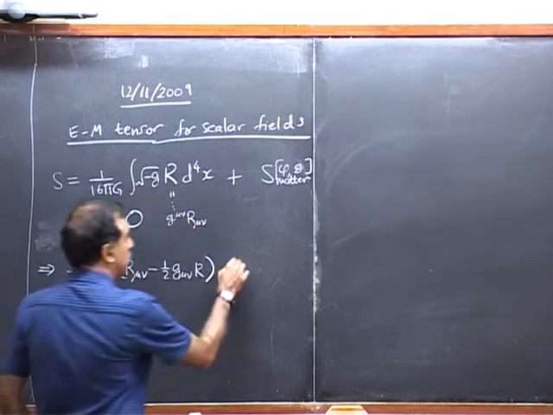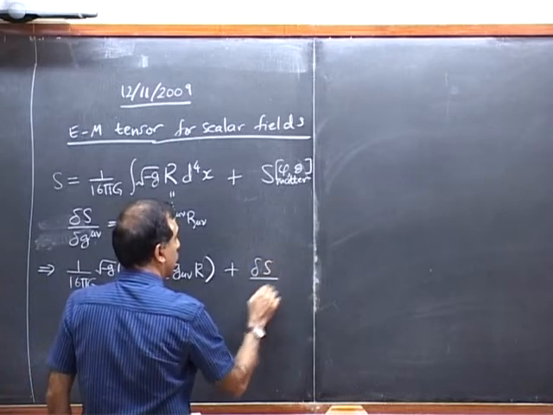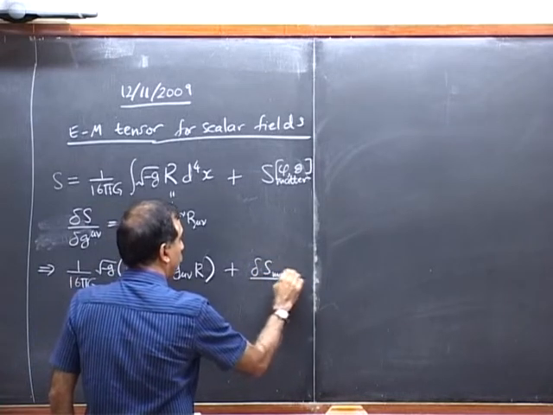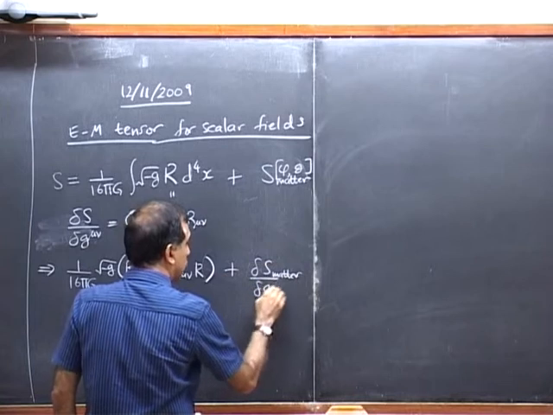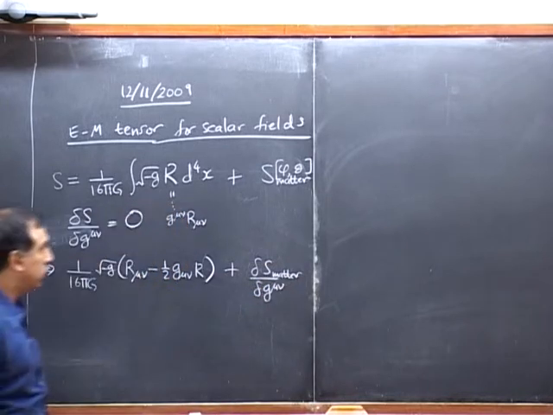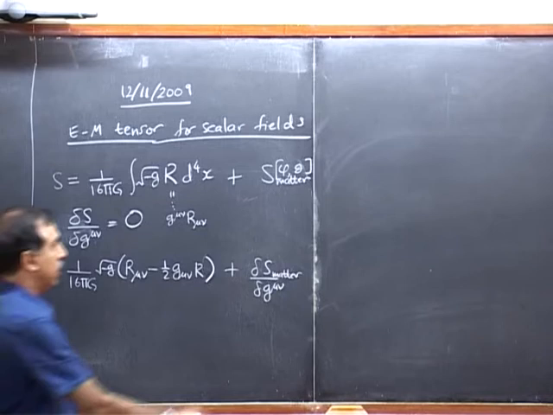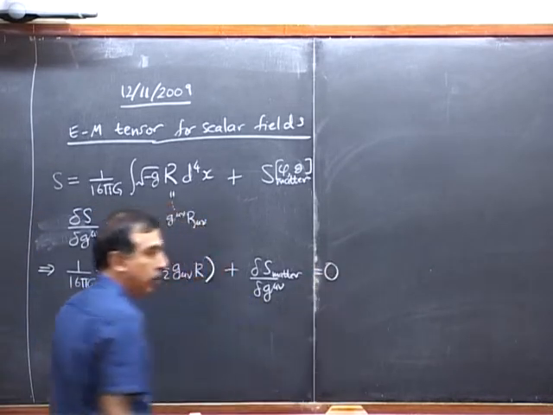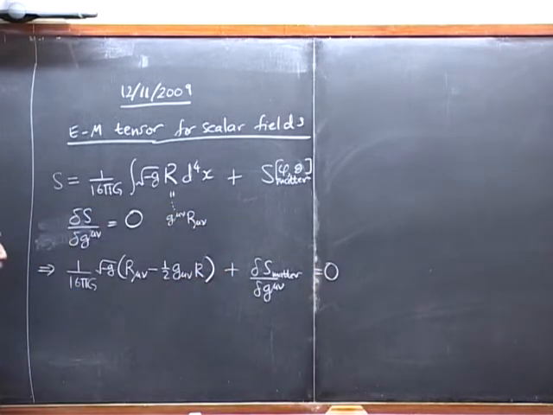Now the second term, of course, is nothing but plus delta S matter by delta g^{mu nu}. So this whole thing has to be 0. That's the equation of motion of g.